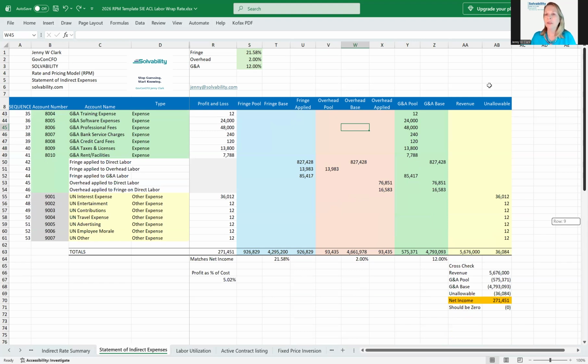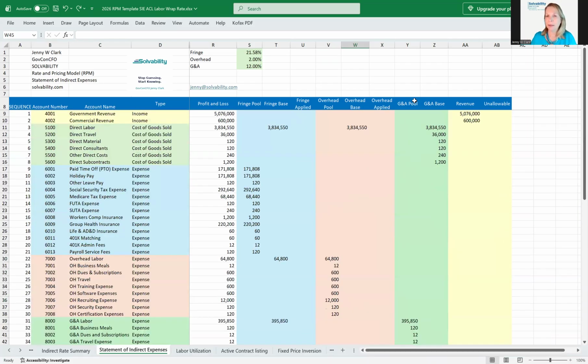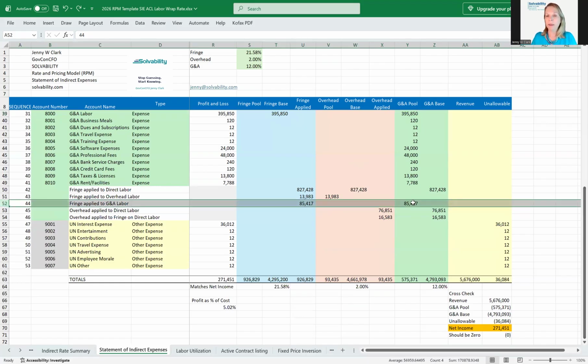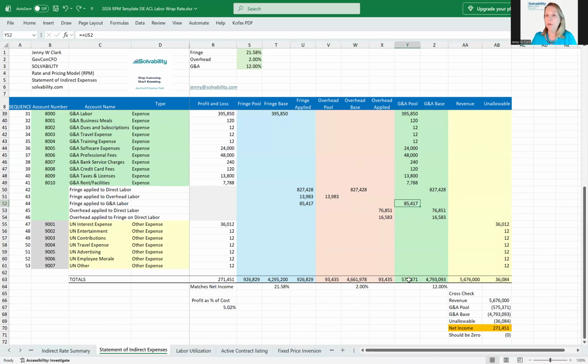Next, I have my G&A or my corporate expense, and my G&A pool is made up of G&A labor and other expenses. I've got the fringe applied to G&A labor. So my G&A pool is 575,000.